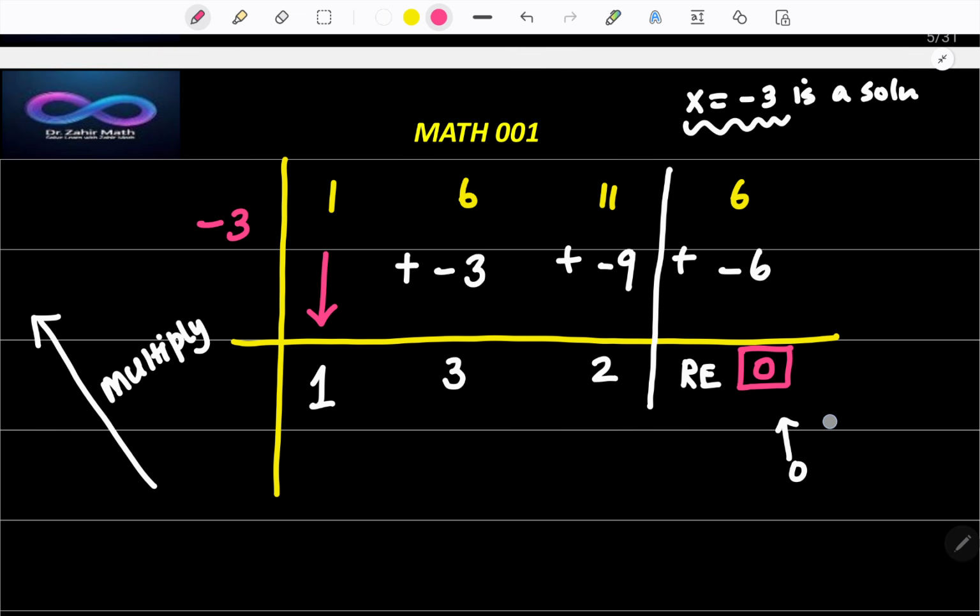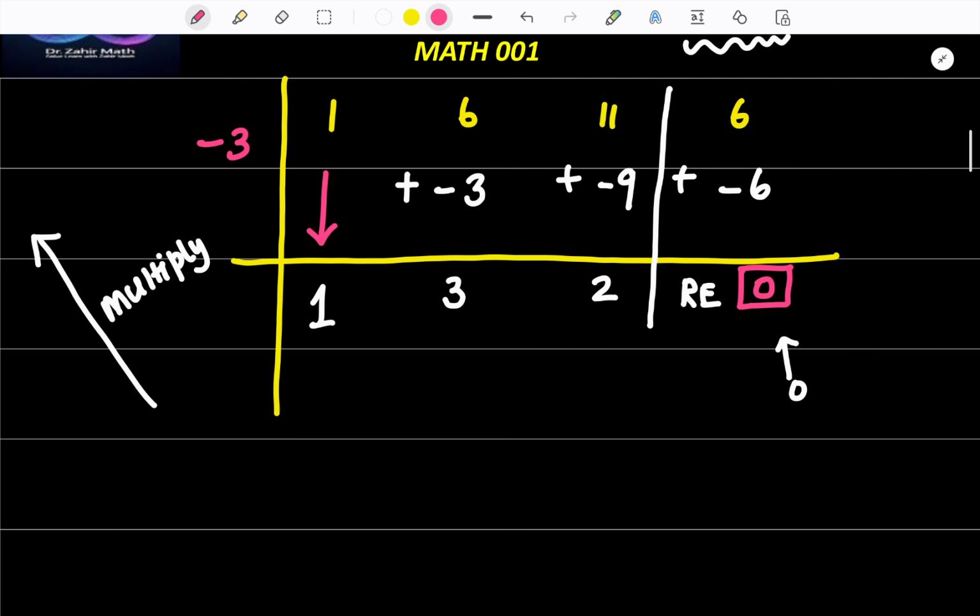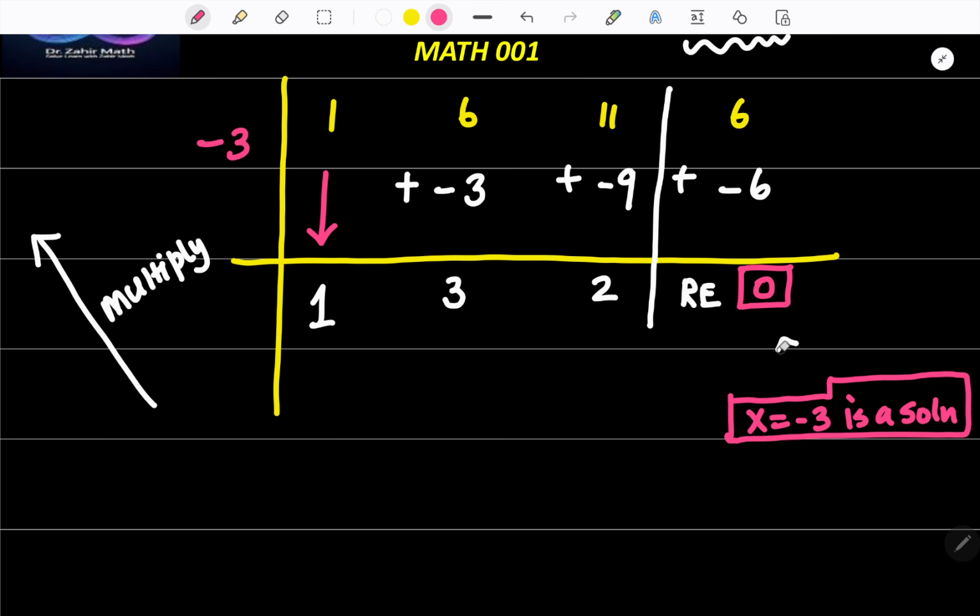If the last column remainder is 0, then what is the answer you are going to write? You are going to write the answer x is equal to negative 3 is a solution. Keep in your mind. X is equal to negative 3 is a solution.